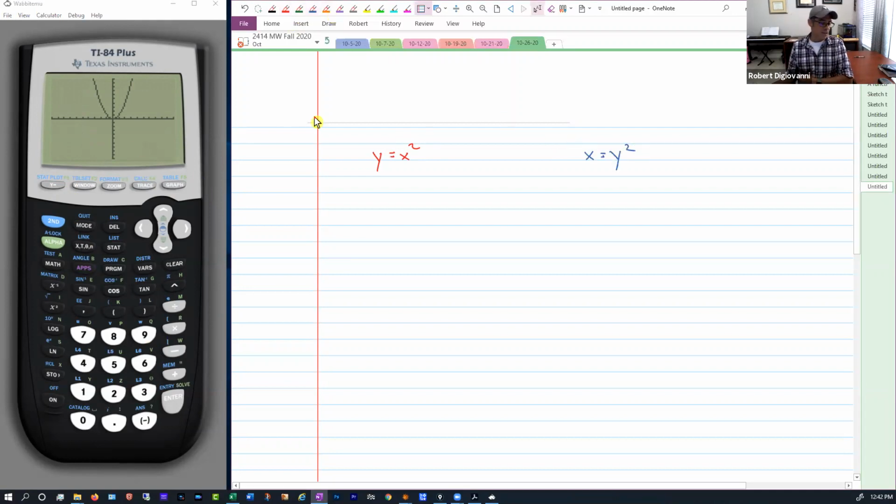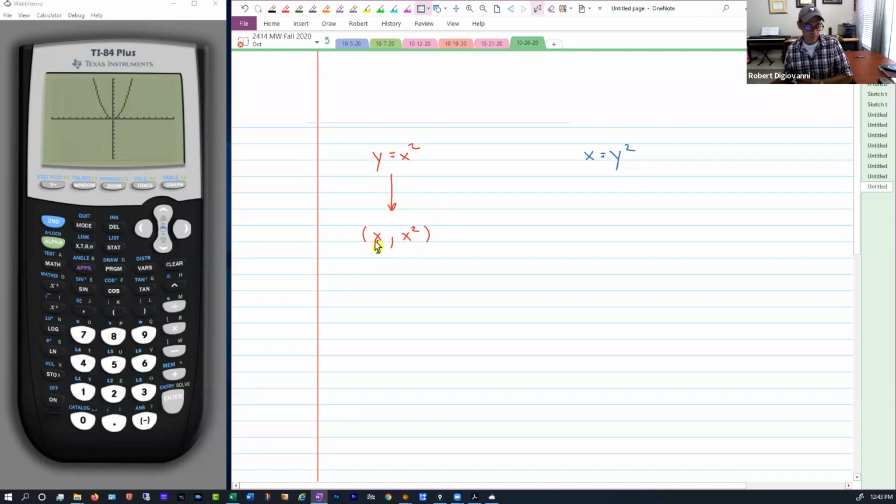That's different. See, when we hit that y button, it doesn't give us an option for this. So there's something fundamental that we have to understand before I can show you. Let's start with y equals x squared. Does everyone agree that for any point on this graph, the x coordinate is x and the y coordinate is whatever that x coordinate is squared?